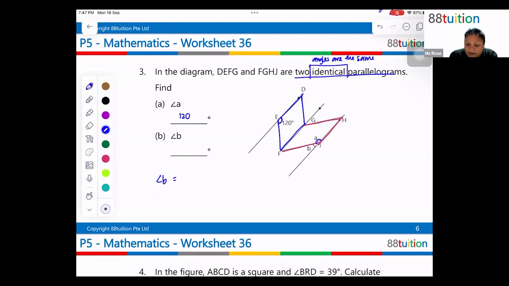Okay, so angle B, can you see that this is a straight line? So angle B is equal to 180 degrees minus angle A, which is 120 degrees, to give me 60 degrees. This is the sum of angles on a straight line.